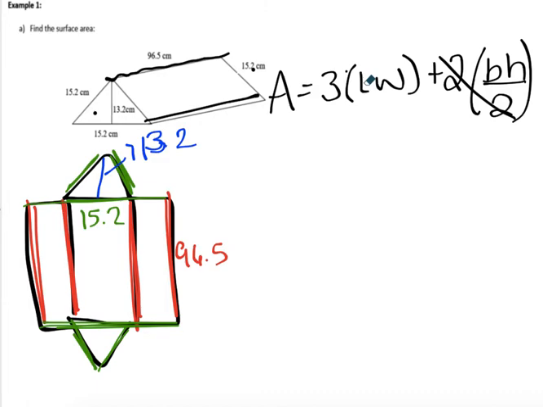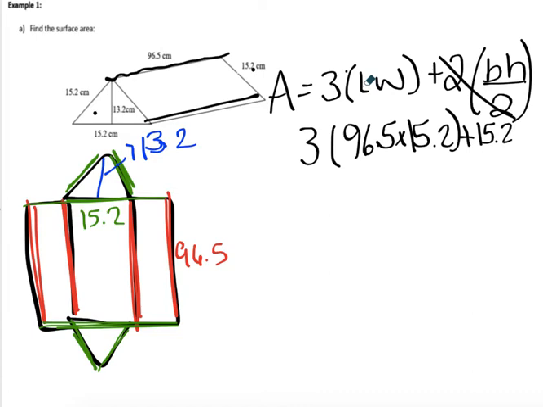So now I'm left with 3 times the length, which we said was 96.5, times the width, which was 15.2, for my rectangles, plus my base, which was 15.2, times my height, which was 13.2.